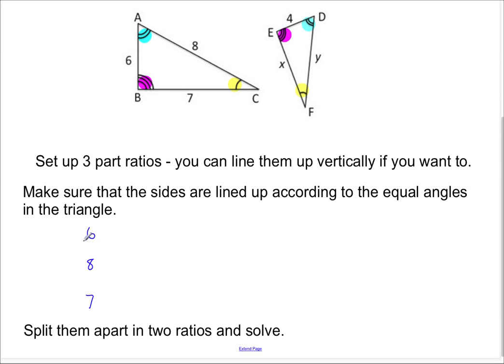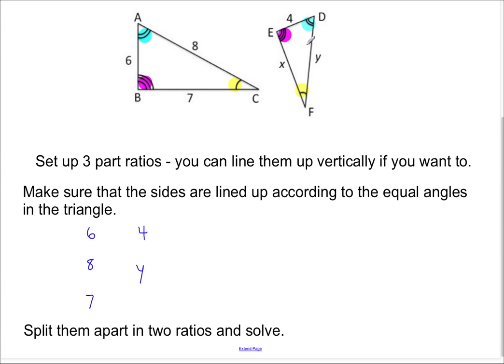I'm going to take a look at the 6, and the 6 is across from the single mark that I've marked in yellow. So I'm going to go over to my other triangle and see the yellow mark, and then go across from it and see that I've got a 4. So the 4 must go with the 6. Now I'm going to look at the 8 here. The 8 is across from the triple mark that I put in purple, and over here the purple side across from it is y, so the y must go there.